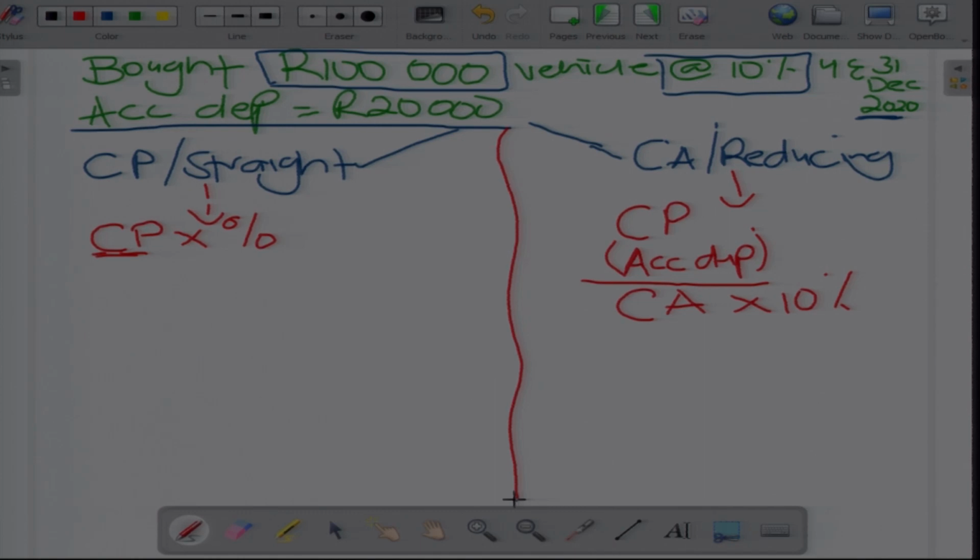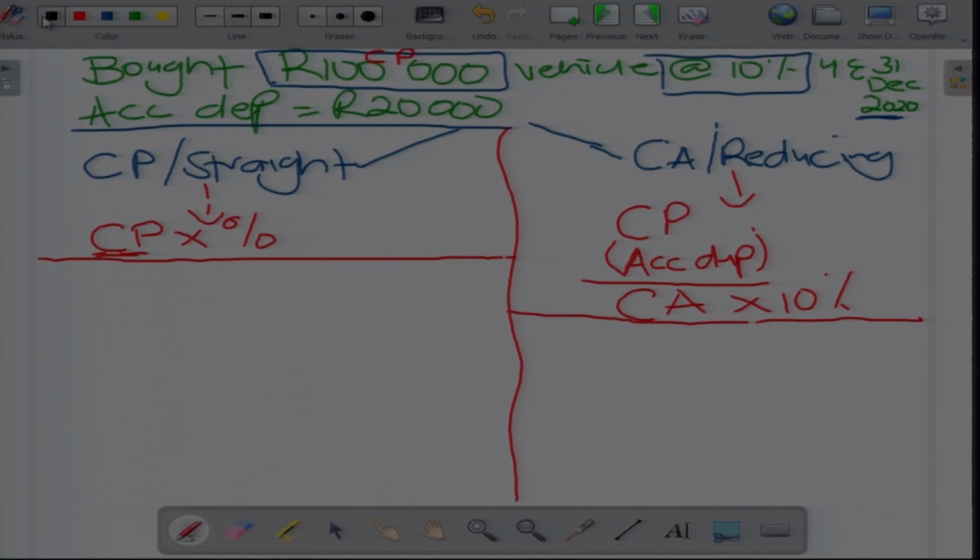Okay, so now this is what they told us. We bought the vehicle for 100,000, so this is the cost price. They're telling us the vehicle is depreciated at 10%, and they're telling us we've got a cumulative depreciation. Okay, so now let's calculate what is our depreciation using the straight line method, and what will our depreciation be if we're using the carrying amount or the reducing balance method. Okay. So, how do we calculate depreciation?